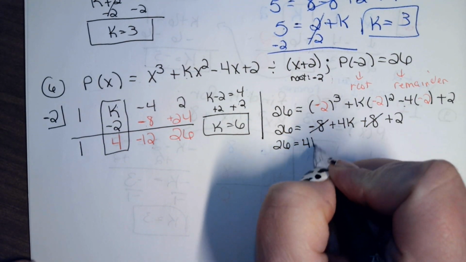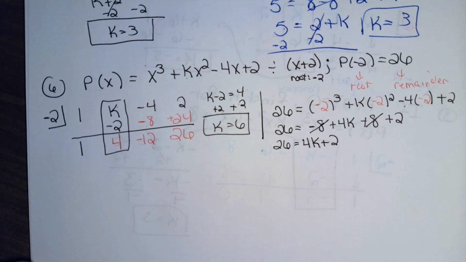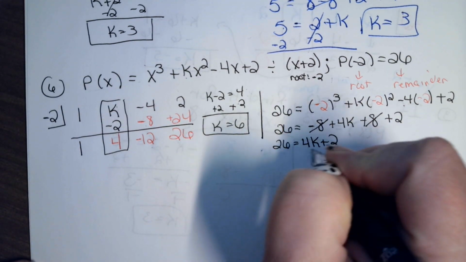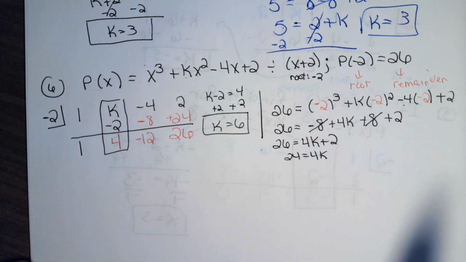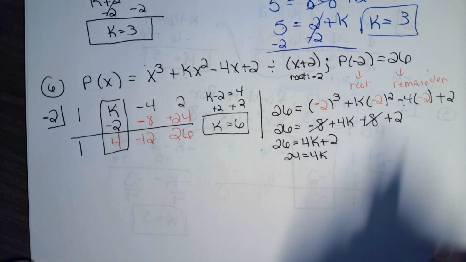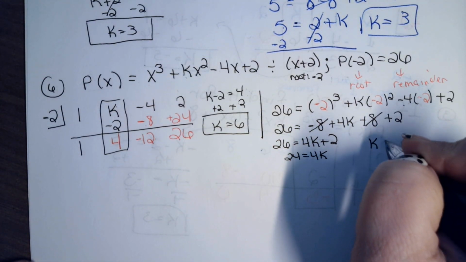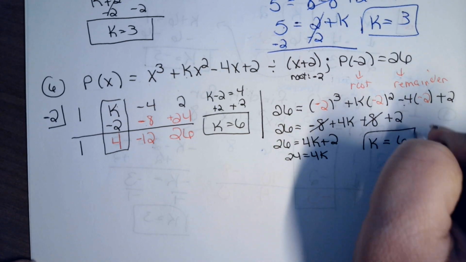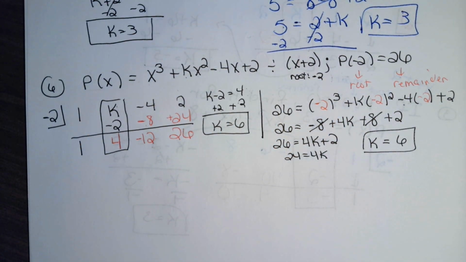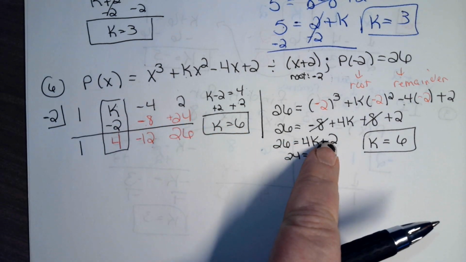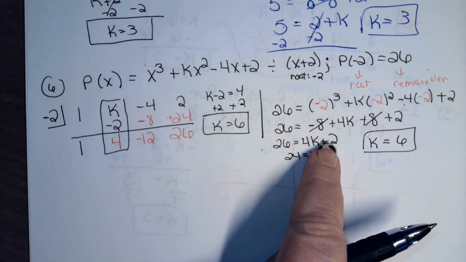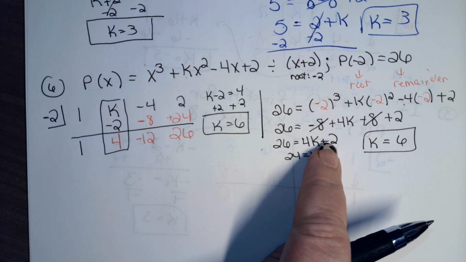So we're left with 4k plus 2. When I subtract 2 from both sides, I get 24 equals 4k. Then when we divide by 4, 24 divided by 4 is 6. So whether we use synthetic division in reverse or the remainder theorem, we get the same answer.